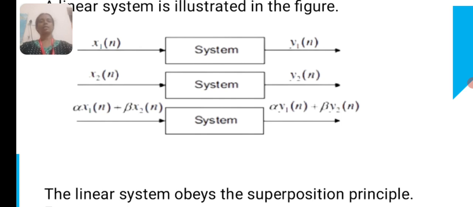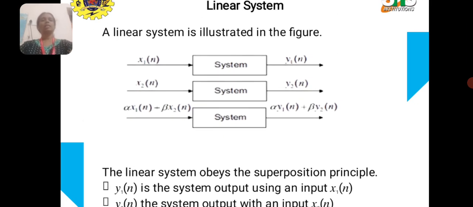Every input signal is multiplied with a scalar quantity, alpha and beta. Therefore, signal x1 of t is multiplied with the scalar quantity alpha, and x2 of t is multiplied with the scalar quantity beta. So the combined input alpha x1 of t plus beta x2 of t given to a system gives alpha y1 of t plus beta y2 of t. So this is a linear system.